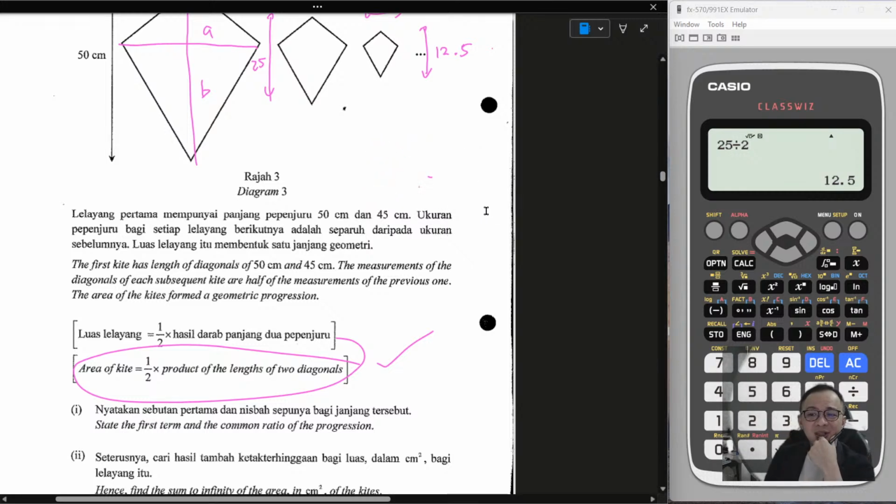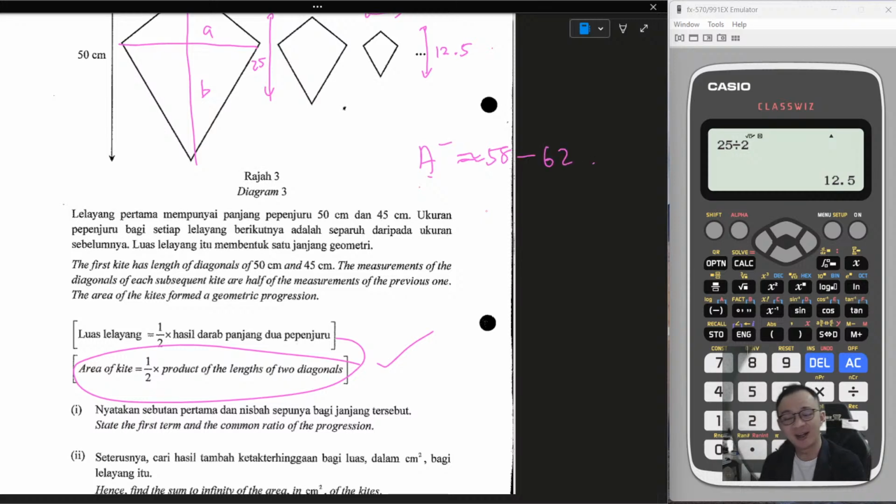So what do you think is the baseline for A minus or A plus? I heard A plus is slightly higher, and A minus should be quite low. I'm guessing, nothing official, so you better ask your school teacher. I guess A minus is roughly 58 to 62, something like that.